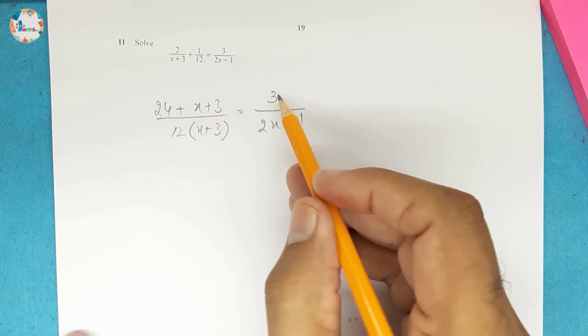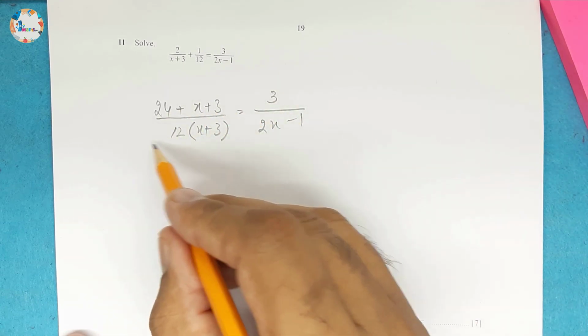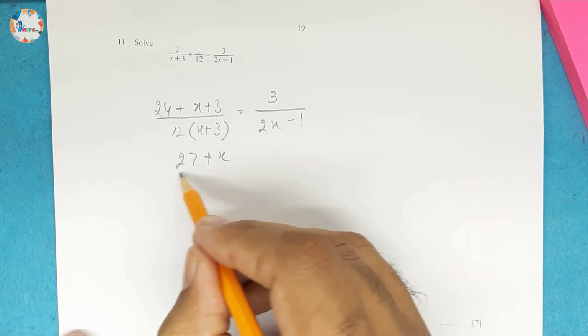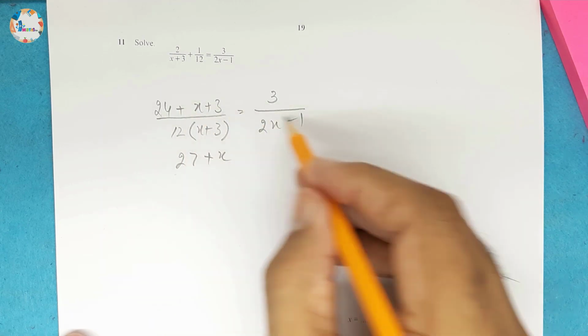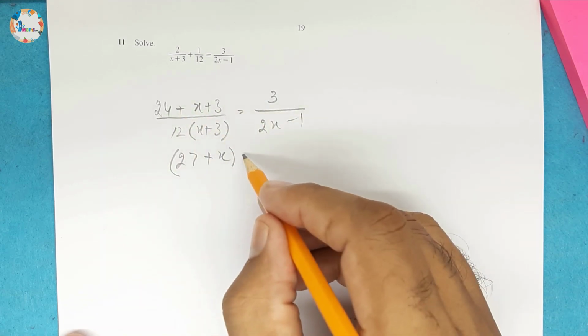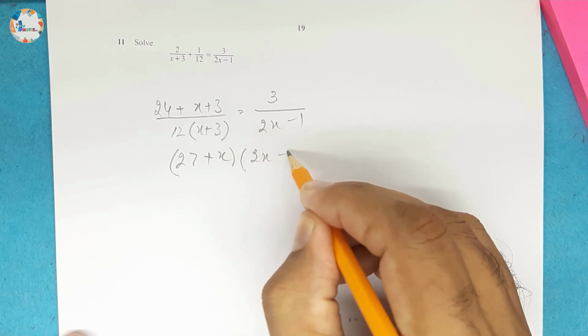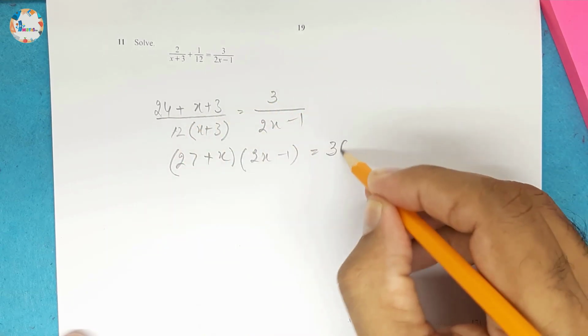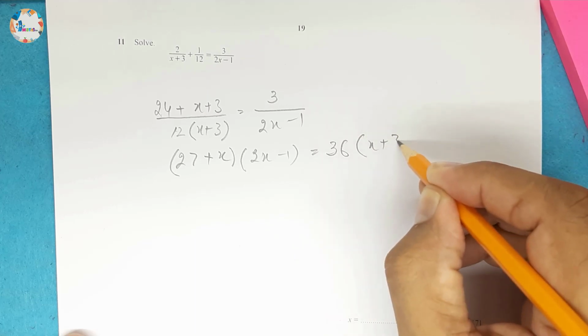Now we can simplify this step as 27 plus x over, and we can cross multiply as well. So I'll put in brackets this one, and into 2x minus 1 is equal to 3 into 12 will be 36 into x plus 3.